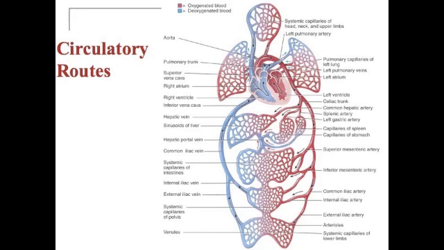So you can see that the blood is pumped from the heart, moves through the body, and as it becomes deoxygenated, it enters into the venous system and moves back to the heart, where it is then pumped out to the pulmonary circulatory route, and that allows the blood to lose its carbon dioxide content and take up its oxygen, which turns it bright red, and then the pulmonary circuit will return it back to the heart.